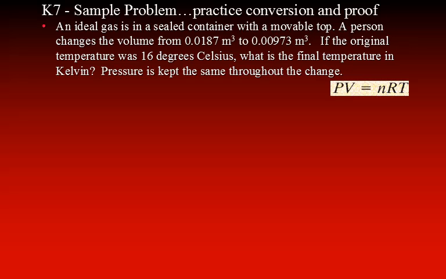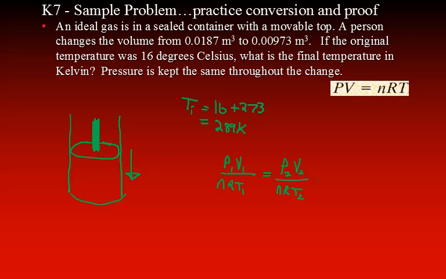So what I want you to do is go ahead and set this up, gas before, gas after. We'll get this into Kelvin here. See if you can solve for the final temperature in Kelvin. Once you do that, you can hit play to continue. So go ahead and pause, and then we'll take a look at it.